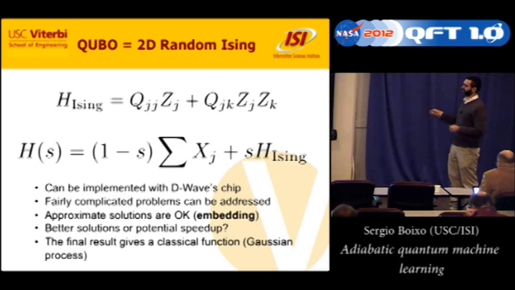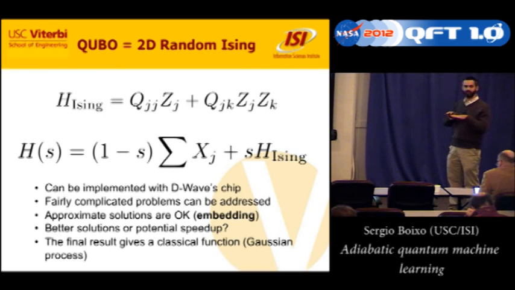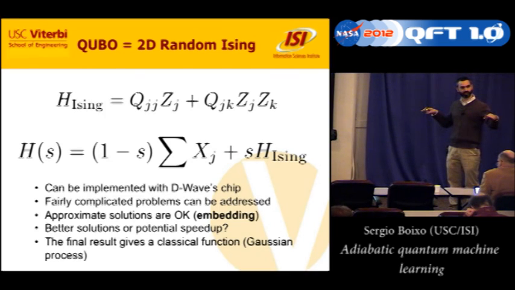And what you can do is what has been mentioned several times today already. I think the first paper doing this is due to Farhi, who explained it this morning. You initially have a strong transverse magnetic field that sets your quantum state into a superposition of all possible states in the computational basis.